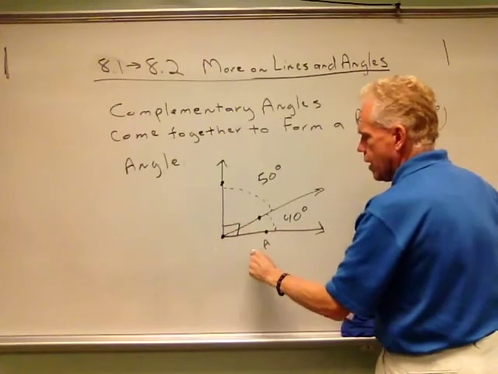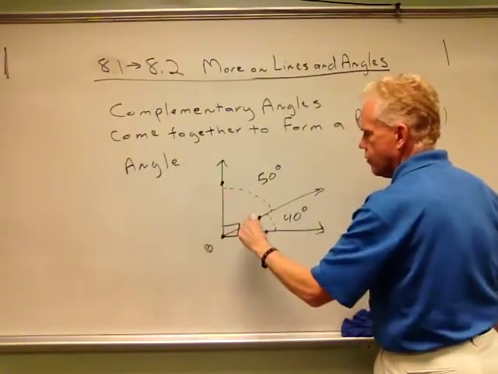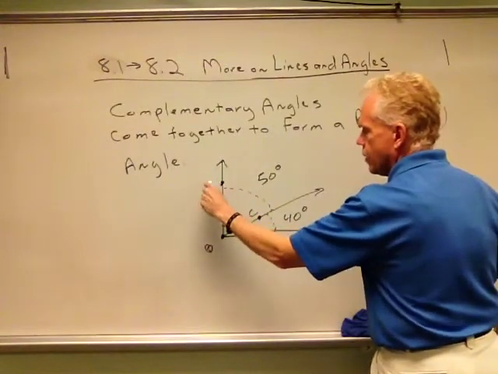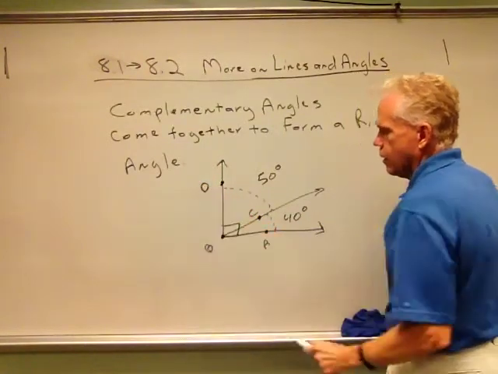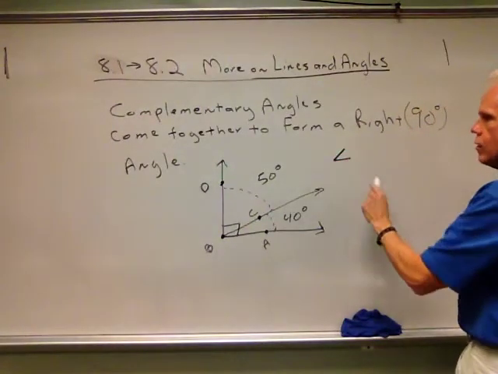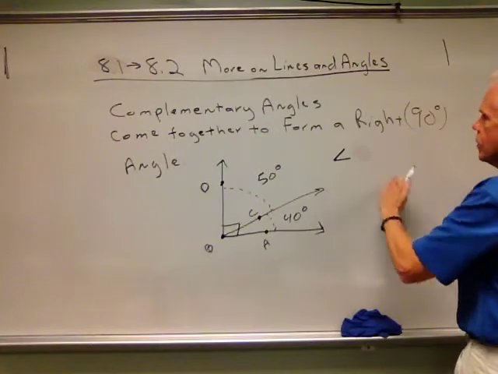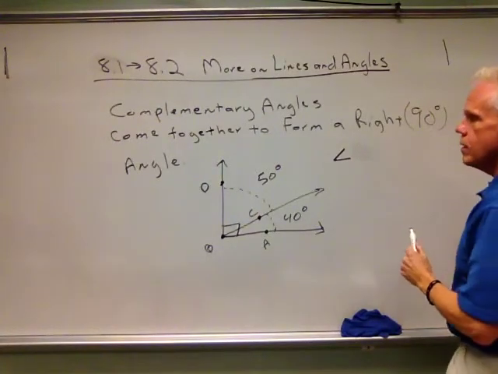A, B, C. Now let's call this one C, and let's call this one D. So what we can say here is angle D... it's funny when you say D and write B, isn't it?